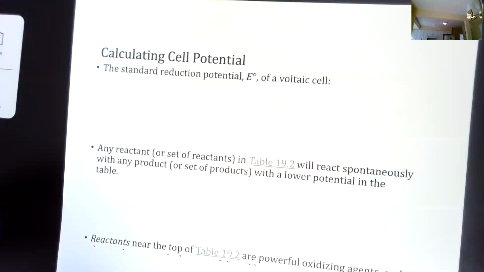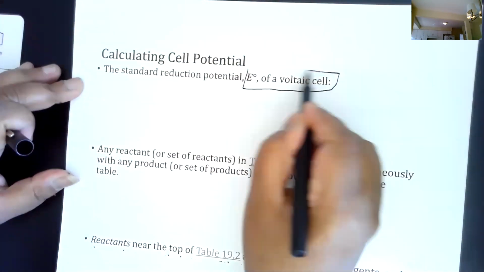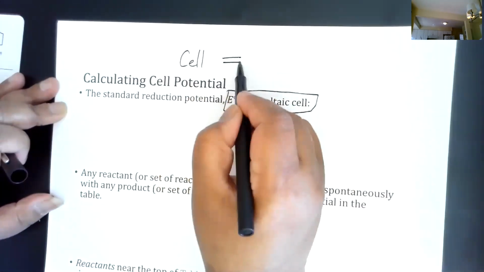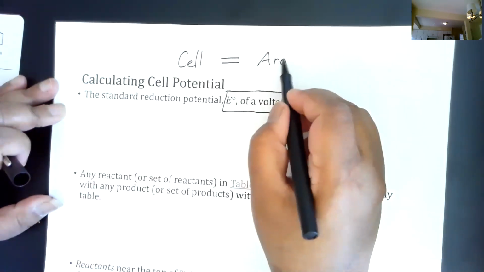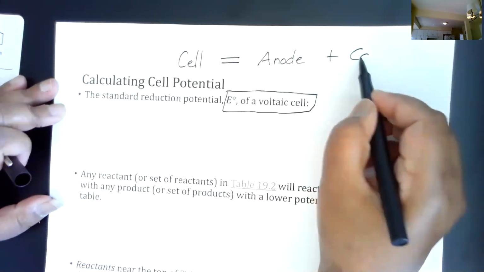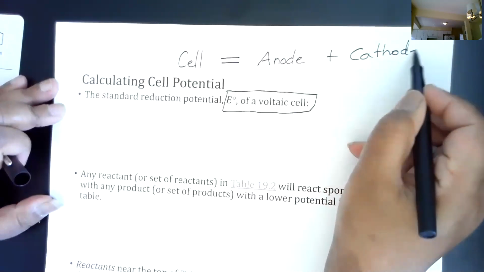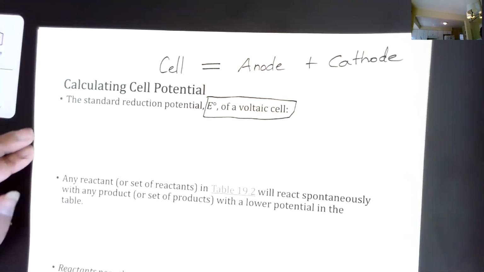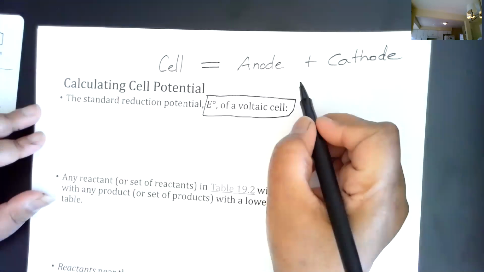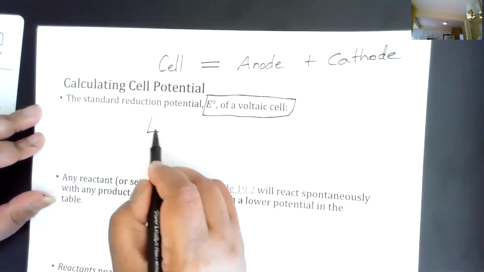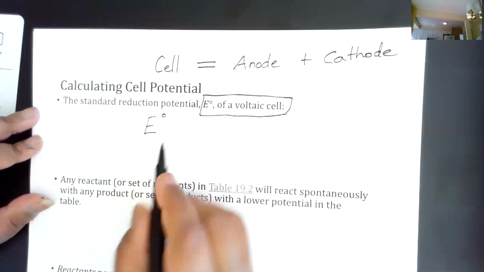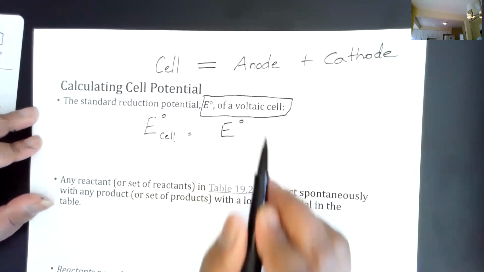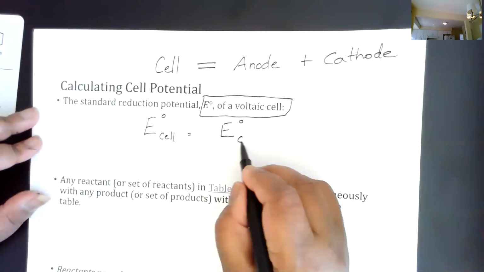E0 of a cell. Now remember, a cell is made up of the anode compartment and the cathode compartment. Just like the universe is made of the system and the surroundings, a cell is anode and cathode. So E0 cell, okay, this is for the whole cell, is E0 cathode.